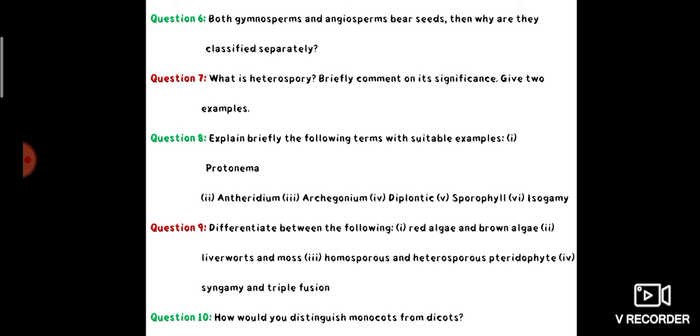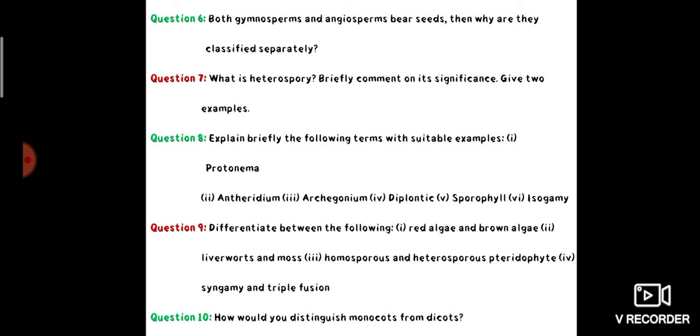The seeds of gymnosperms are naked. They lack any kind of covering around them. But in angiosperms, the seeds are covered by fruit walls. That's why we separate gymnosperms and angiosperms into two different groups.